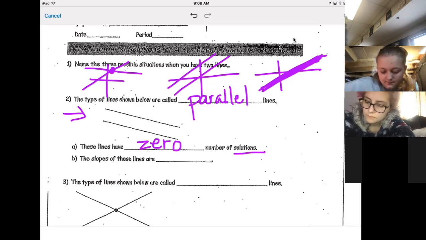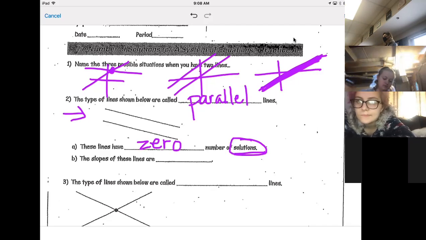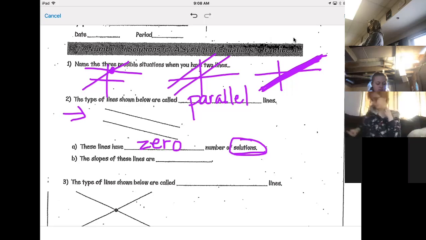I said the number of intersections, but the problem actually says the number of solutions. Because in a system of equations, when you're graphing, the solution to this is the place of intersection. So intersection is the solution. So parallel lines don't have any solutions. They don't have any point in common. That would be the solution.